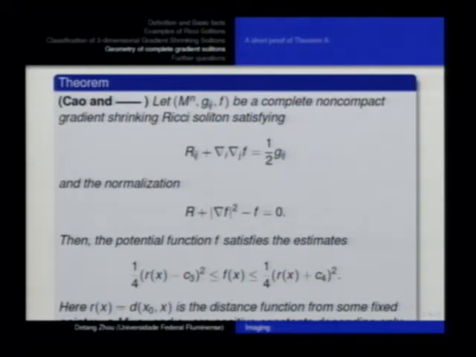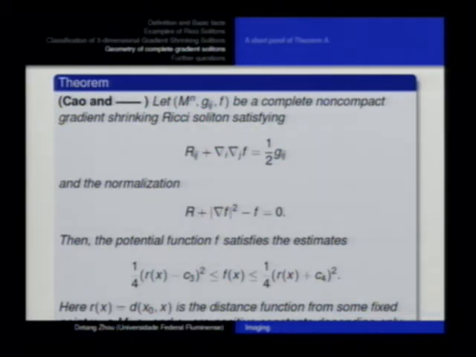Huaidong Zhou and I proved that, and for convenience I put it here with this normalization. Without the curvature condition, we can prove that the potential function behaves exactly like the Gaussian shrinker with these two constants equal.